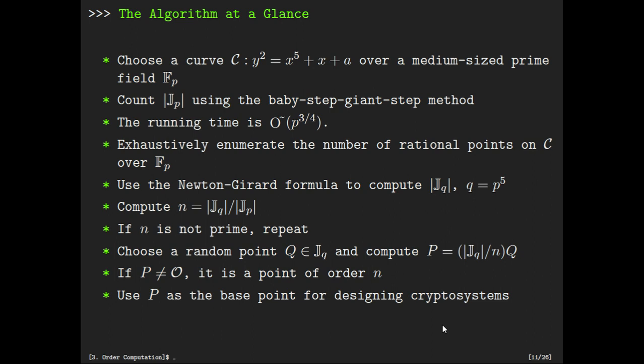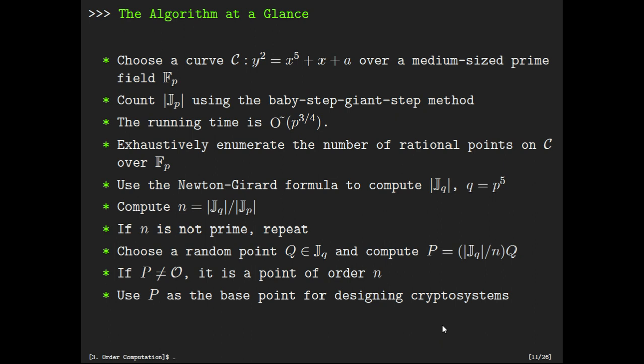Now the algorithm at a glance. Initially we choose a curve C: y square equal to x to the power 5 plus x plus a over a medium sized prime field Fp. Now we count Jp using the baby step giant step method. This is the running time for this method. Exhaustively enumerate the number of rational points on the curve C over Fp.